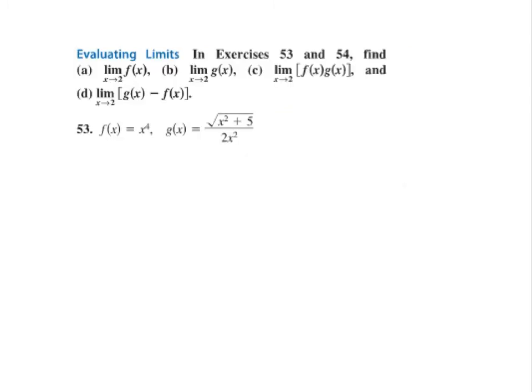So if I look at this problem right now, I got f of x is equal to x to the 4th. I got g of x is equal to the square root of x squared plus 5, over 2x squared. I want to find the limit as x approaches 2. Well, the limit of f of x as x goes to 2 is going to be 2 to the 4th by direct substitution, which is 16.